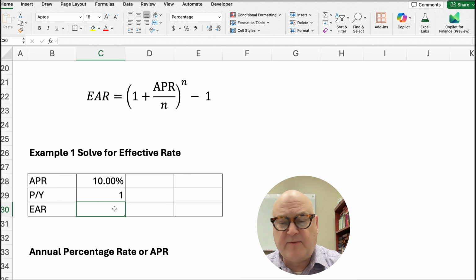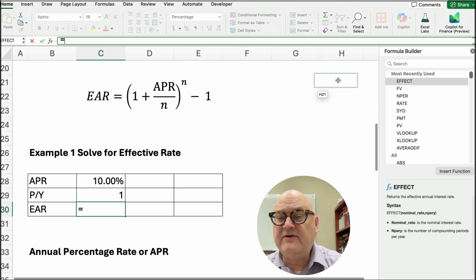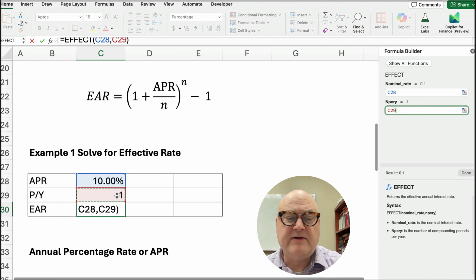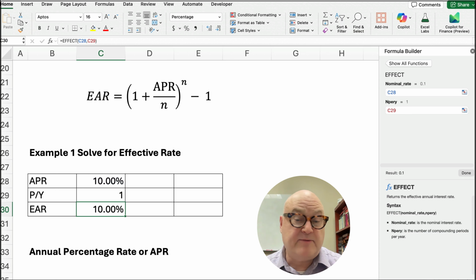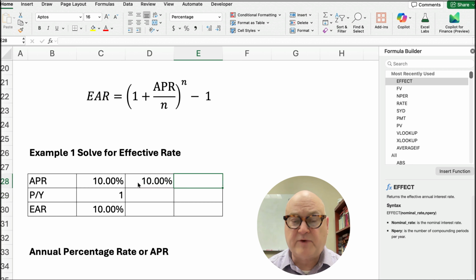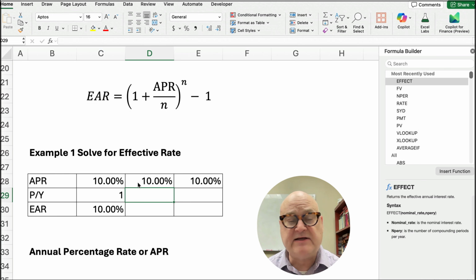I'm going to use Excel, but I'm going to then convert it to the BA2 Plus here. So there's an effective function here. All we need is the nominal rate, the 10%, and the number of periods, and that's going to be 10%, really easy. Well, what if we keep doing 10%, and we can change this?